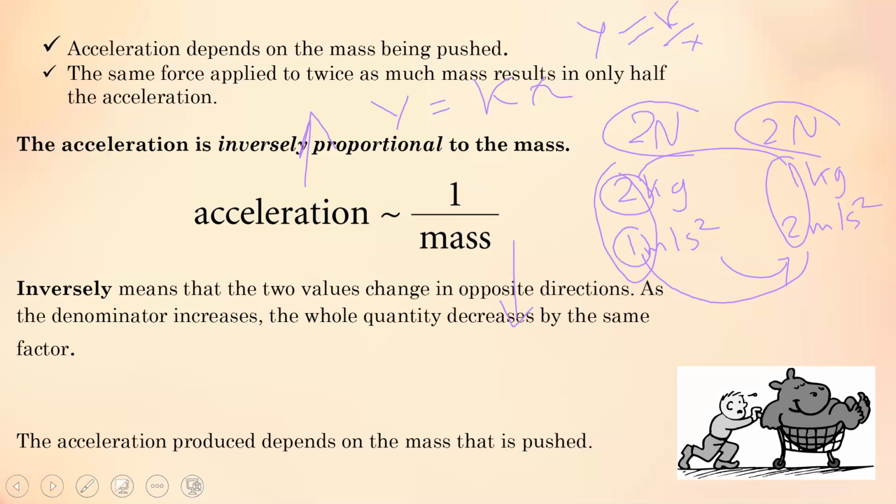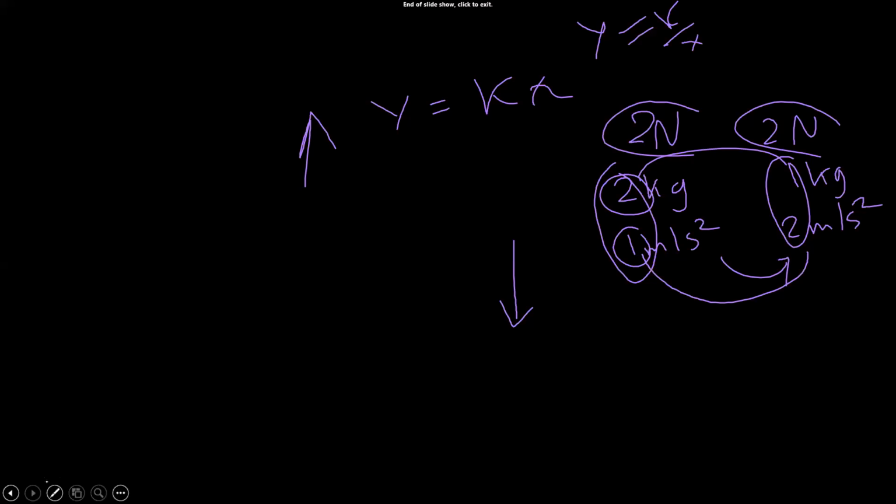But teacher, you mean like when we increase the acceleration, the mass of the object will decrease? Sorry, can you repeat? If you increase the mass, the acceleration will decrease.